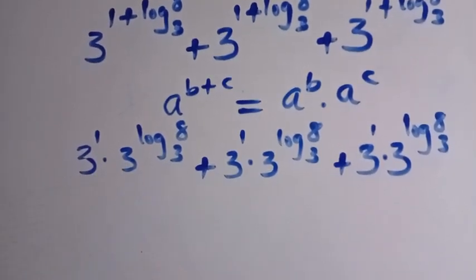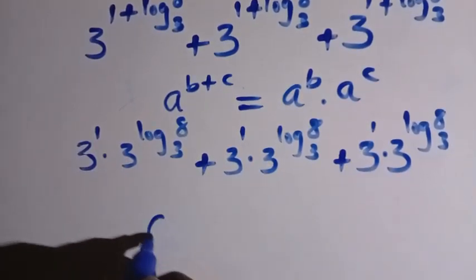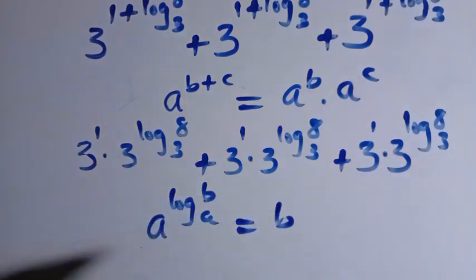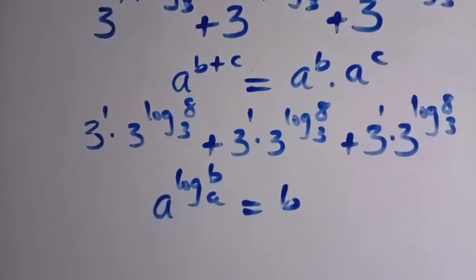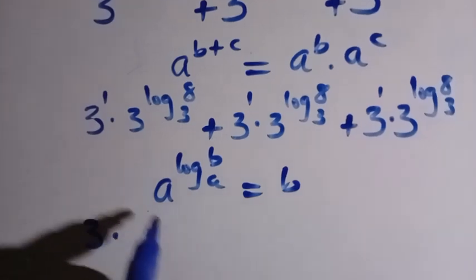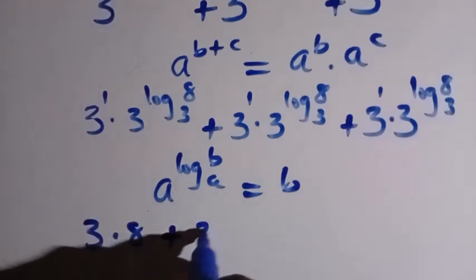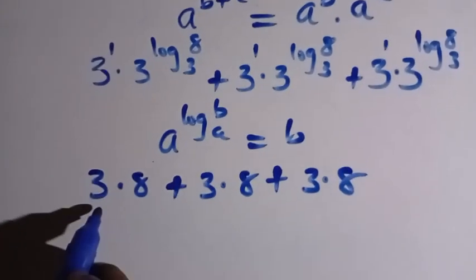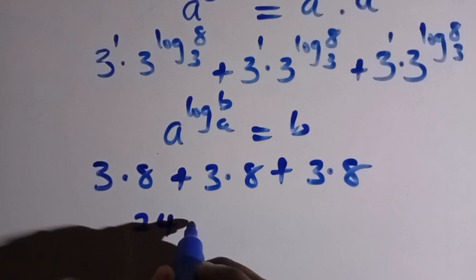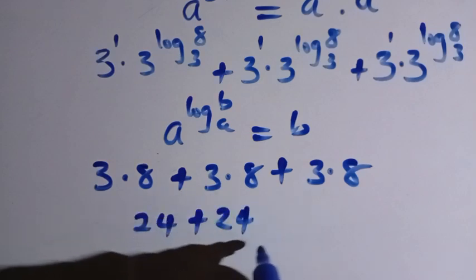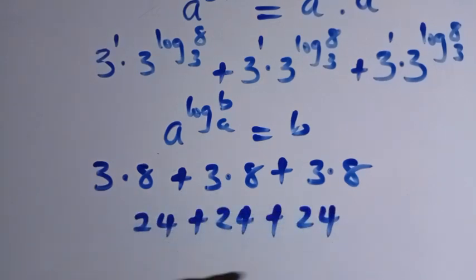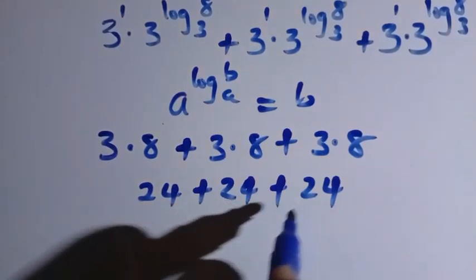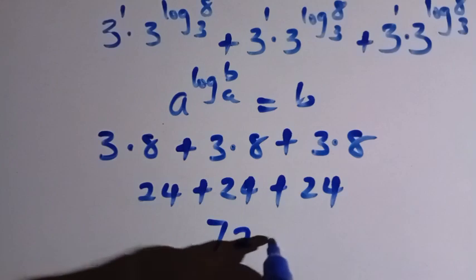Another important rule we have to note here is, let's say we have a raised to the power of log b base a, this equals b. That is, we have 3 times 8 plus 3 times 8 plus 3 times 8. 3 times 8 is 24, plus 24, plus 24, and by adding these together, 24 plus 24 plus 24 gives us 72.